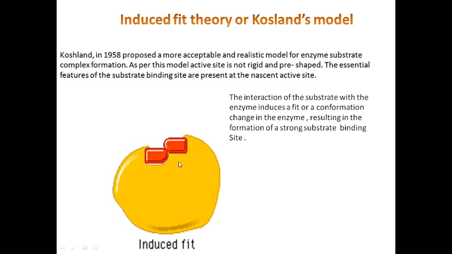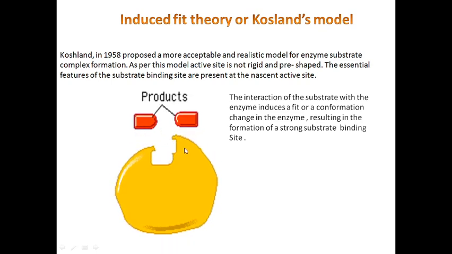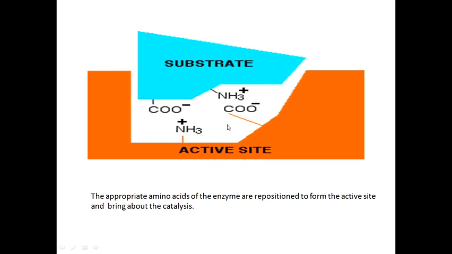What is their job? They align themselves according to the substrate. These amino acid residues align themselves according to the substrate, so it gives a flexible nature to the active site, or in whole to the enzyme.